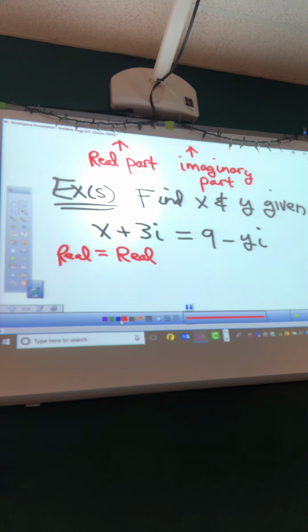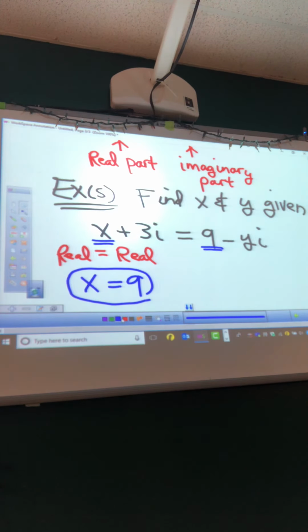Alright? So when I say real, I would say 9's a real number. Over here, which one doesn't have the i with it? Yeah. So here's real and real. We set them equal. Do we have to do any solving for x, or is x already done? It's already done. If it were to have a number in front of it, we might have to divide.